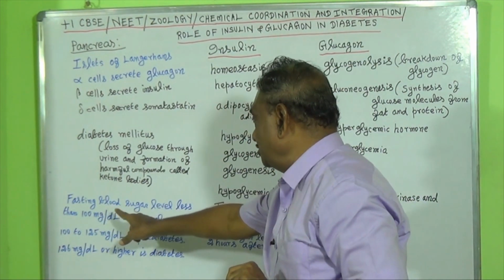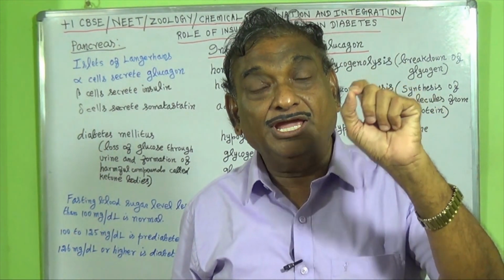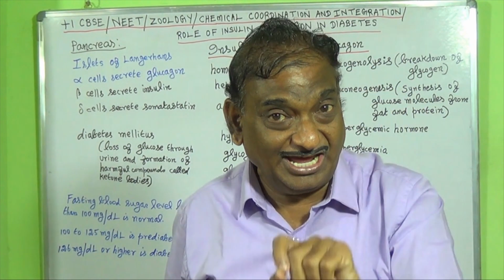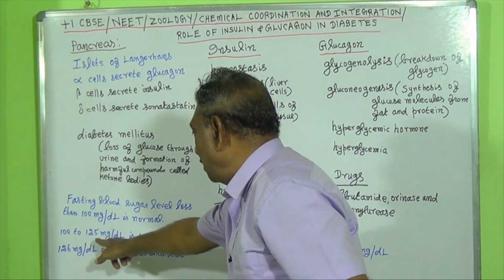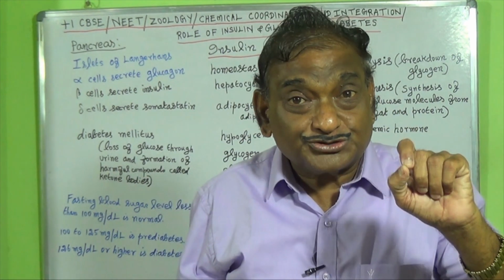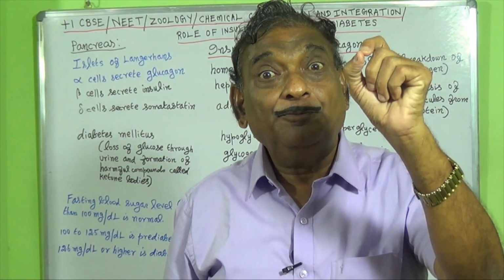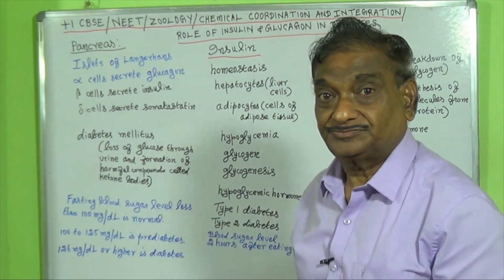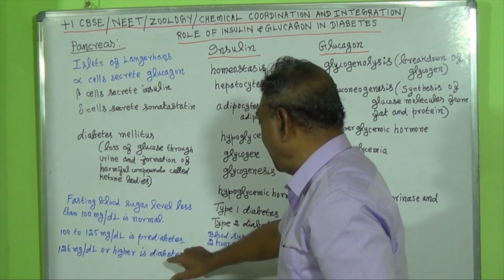If the glucose level is 100 milligram per deciliter to 125 milligram per deciliter, that condition is called pre-diabetes. If the blood sugar level is 126 milligram per deciliter or higher, it is diabetes.